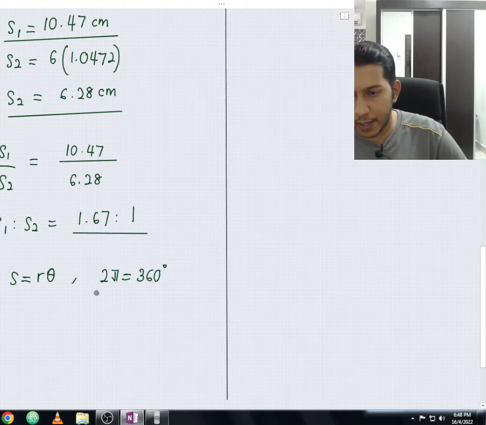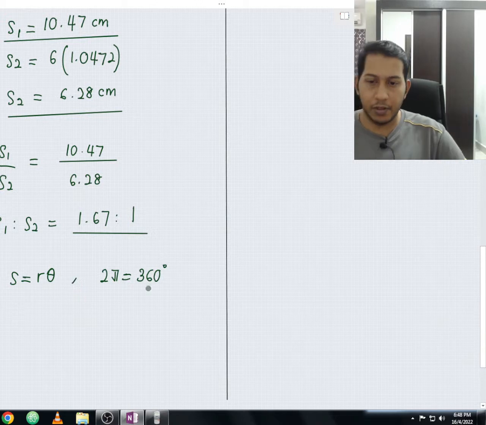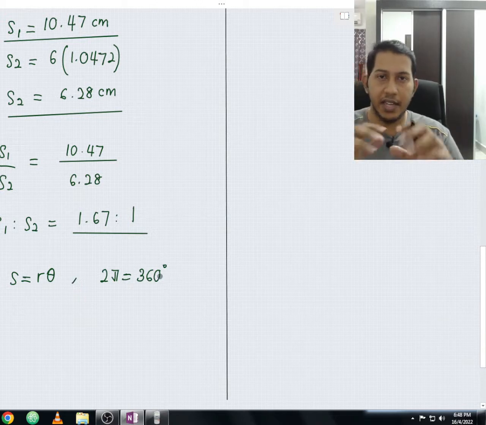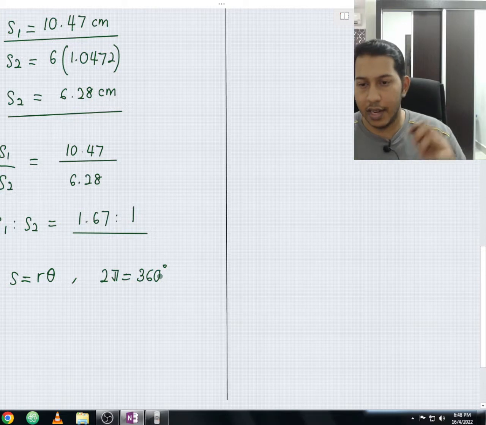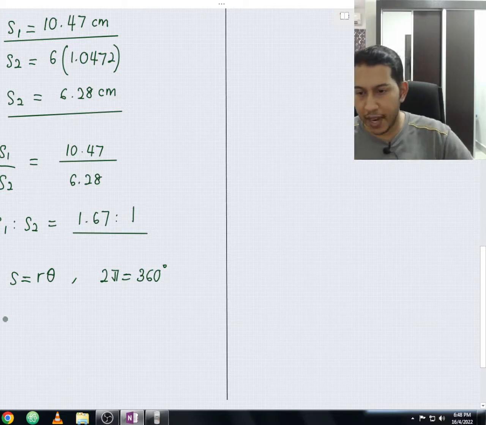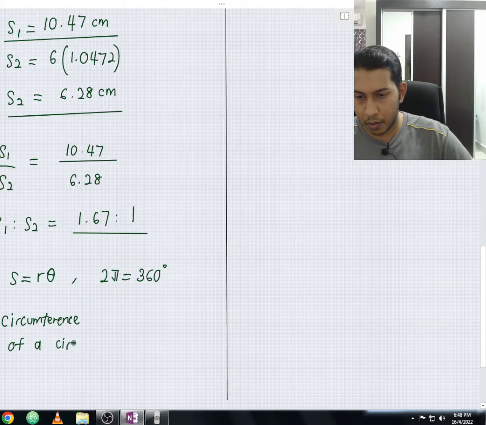So from here, let's say you substitute this 2 pi into the angle. 360 degree indicates a full circle. So if you want to find the circumference of a circle, R you times with 2 pi.